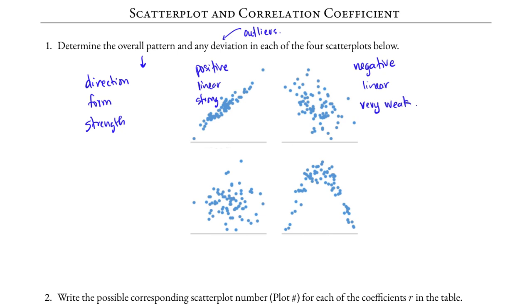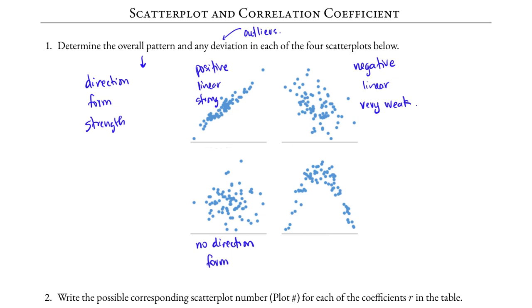For the third scatterplot, as we move from the left to the right, we can't really make out whether the data values are going up or going down. And so in this case, we would say that it has no general direction. And since it has no general direction, we cannot figure out the form. It is not linear.